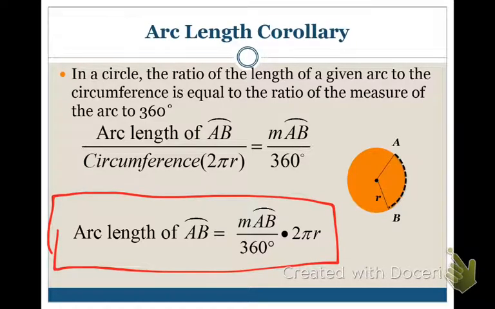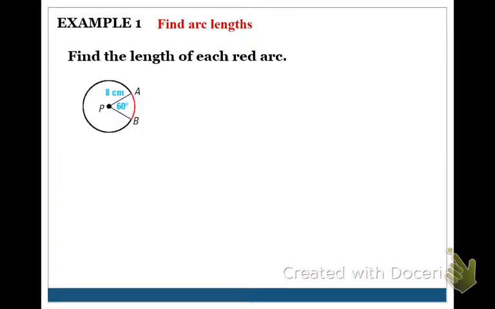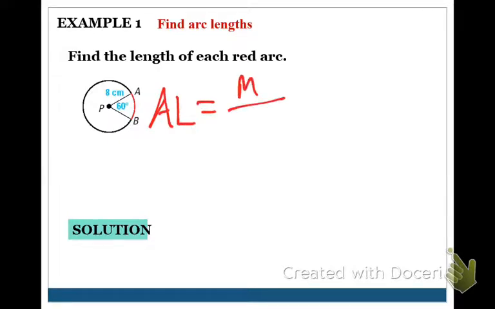Here's what it looks like. Find the arc length of each red arc. Okay? So our formula is arc length is equal to m over 360 times 2 pi r.